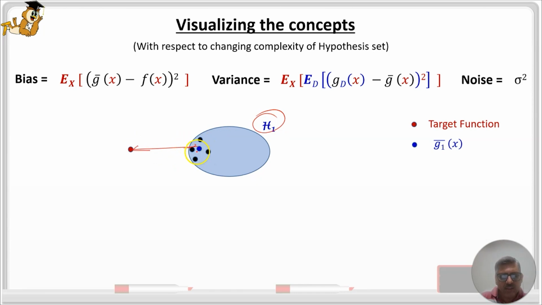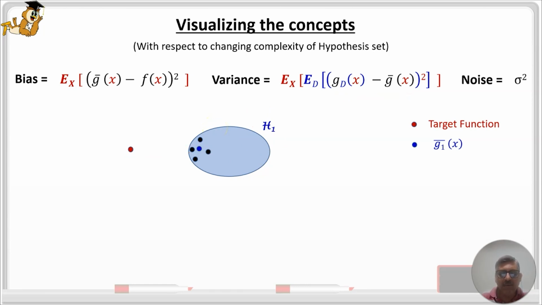The distance between the black dots and the blue dot, their average value would be the variance, because the variance is the GD of X minus G bar of X the whole square. So the square of these distances averaged would be the variance. And like I said, the distance of the brown dot from the blue dot would be the bias of this hypothesis set H1.